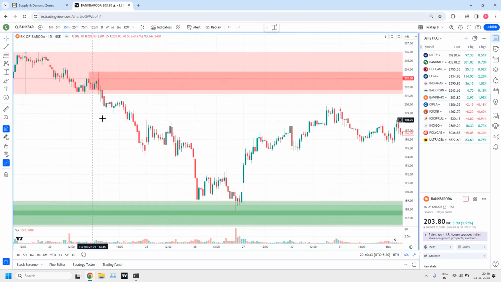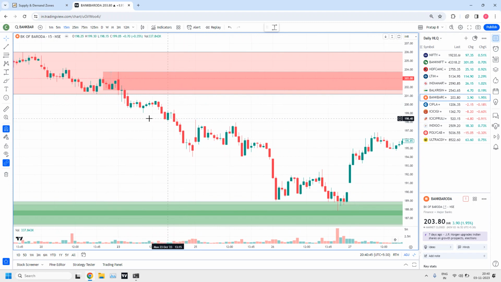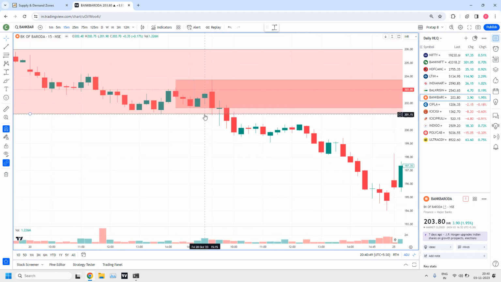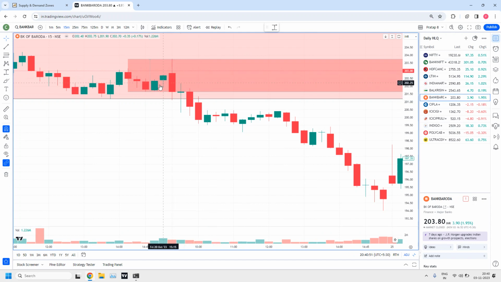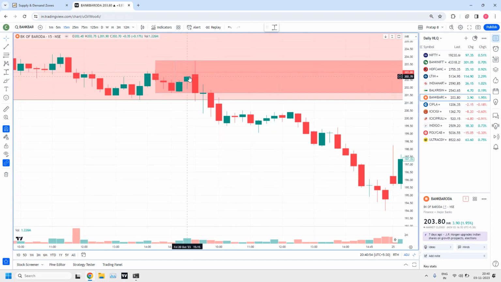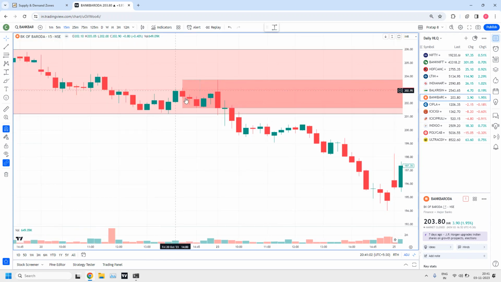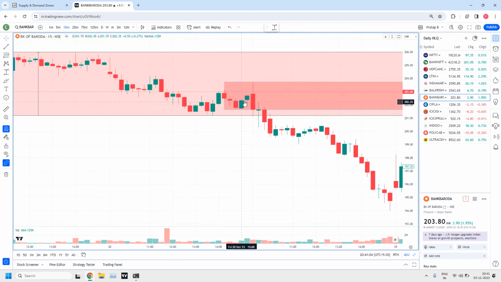Why are we going to 15 minutes? We want to fine-tune to minimize the risk. Okay, for that you identified again one rally candle, but is it a rally candle? They're all small, narrow.